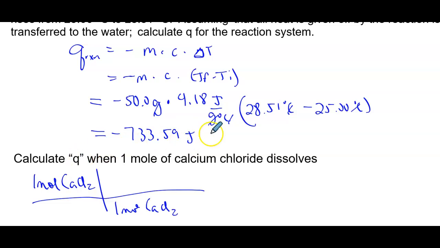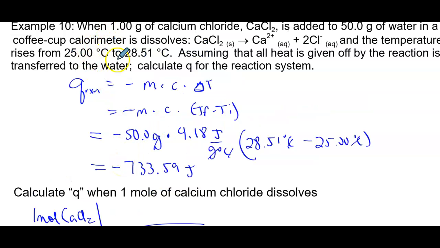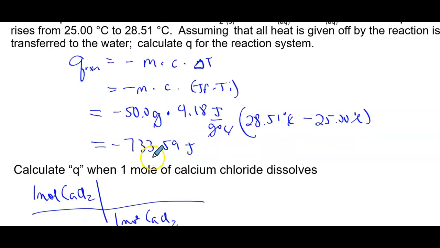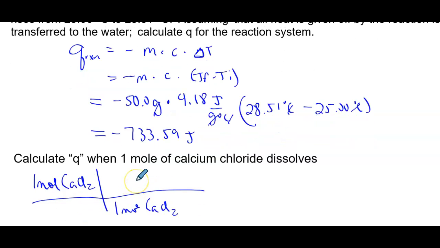We're trying to get to Q, so we're trying to get to joules, right? And we have a relationship now between how much we got out and what we put in. We put in 1 gram and we got out negative 733.59. So we're going to figure out what the molar mass is, because we've got to get to grams to be able to get to joules here.